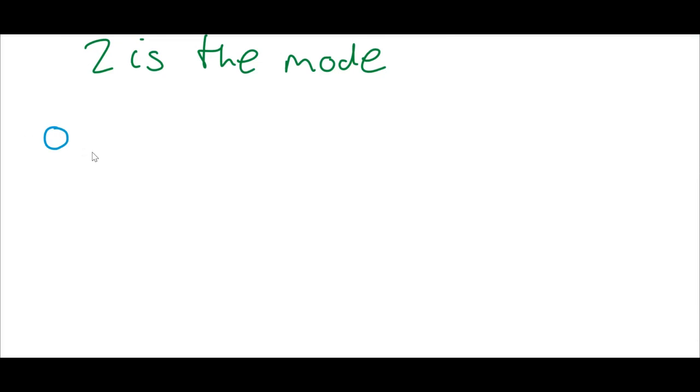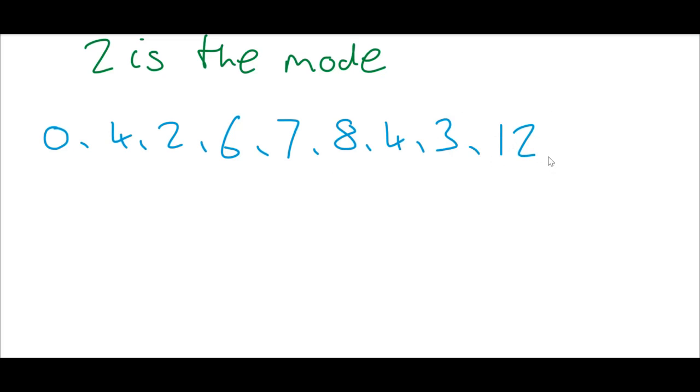First guy gets 0, then we get someone with 4, someone scored 6, someone's got 7, so that's 5 bits of data. Then we have someone on 8, another one on 4, 3. Now we'll just do 3 more: one's got 12, one's got 8, one's got 17.